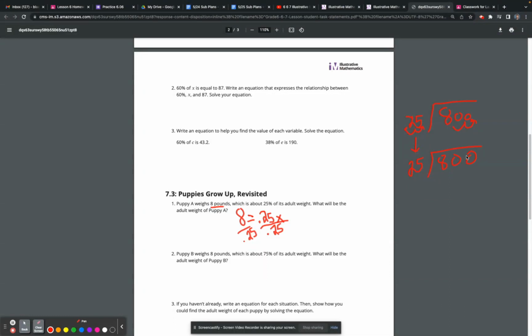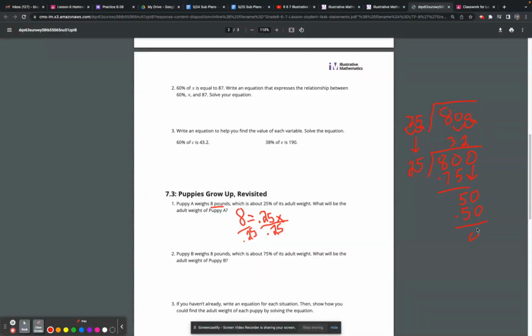because that's equivalent to 8 divided by 25 hundredths. 25 goes into 80, 3 times. 3 times 25, 75, subtract 80 minus 75, 5, drop down the 0. 25 goes into 50 twice. 2 times 25 is 50.